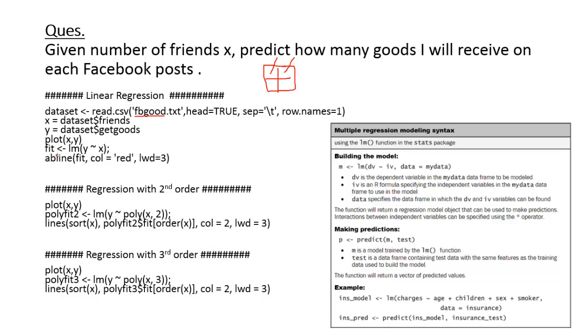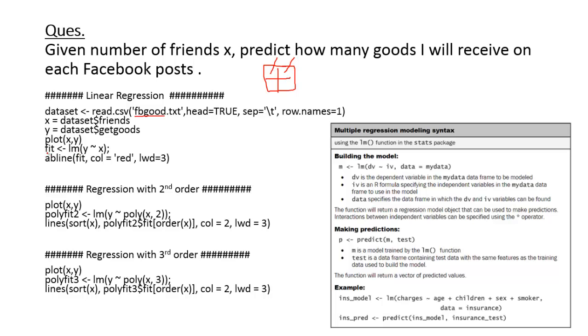And then I have used a command fit, and then the command lm, which stands for linear model, with y tilde x. Y tilde x means fit a linear model implying that y is a dependent variable and x is an independent variable. So fit a line through the observations between x and y.